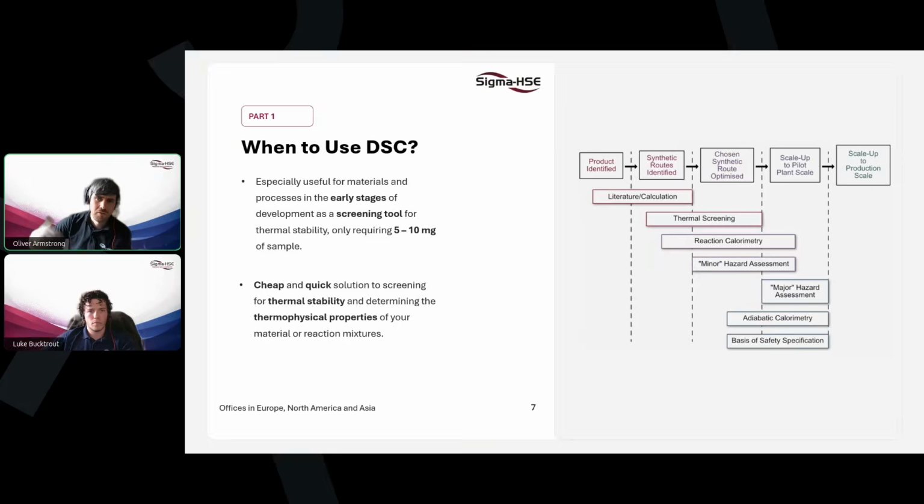As we'll go through later in this webinar, due to its generally quick testing methodologies and very small sample requirements, the DSC really is a very useful piece of equipment to use at early stage development or R&D of new processes or new syntheses, to give very clear indicative information regarding your raw materials, intermediates, products, or reaction mixtures in some cases, and can help to make useful choices early on at these early stages.